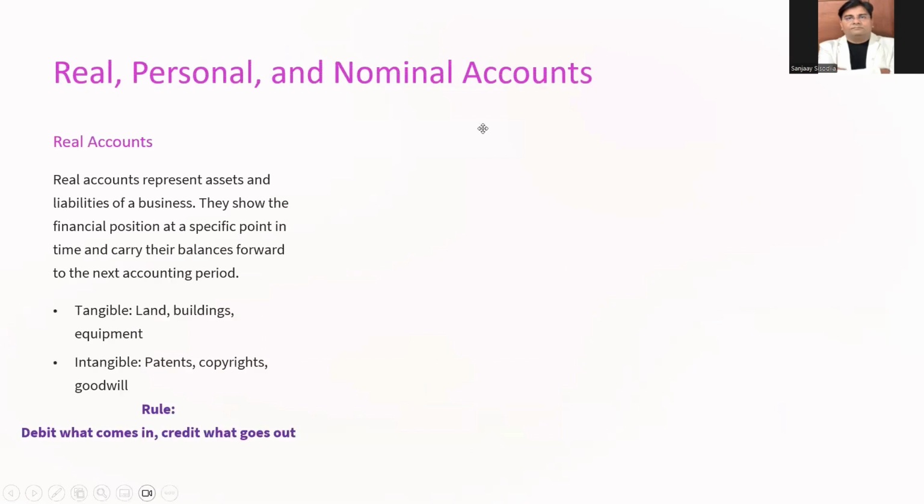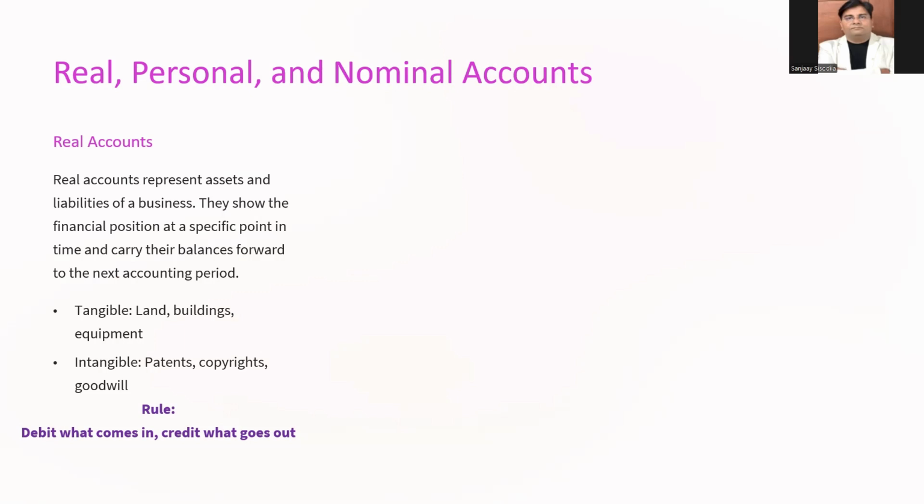Let's discuss more on the types of accounts. When we talk about real accounts, as we said, these real accounts represent assets and liabilities of the business. They show the financial position at a specific point in time, and their balances are carried forward to the next accounting period.